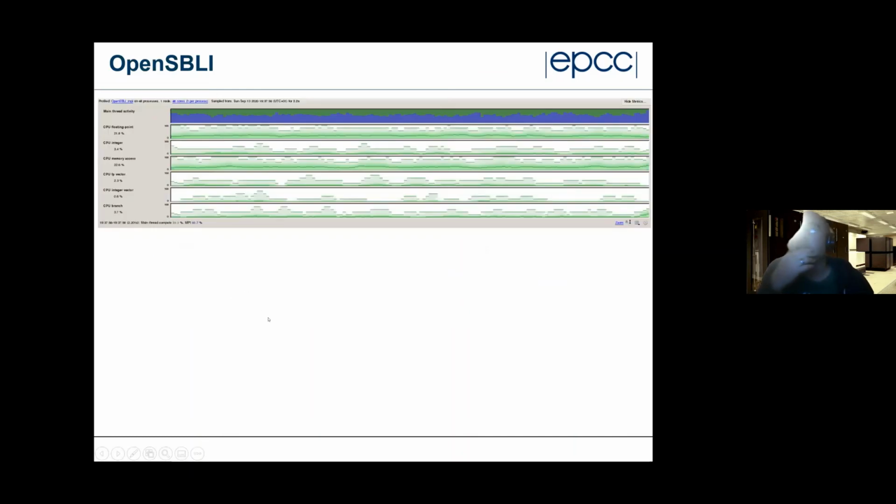When we started looking into why this is, I think for this and for the CASTEP code, there's a little bit of stuff going on in the MPI, which is meaning the performance is not what we would expect.